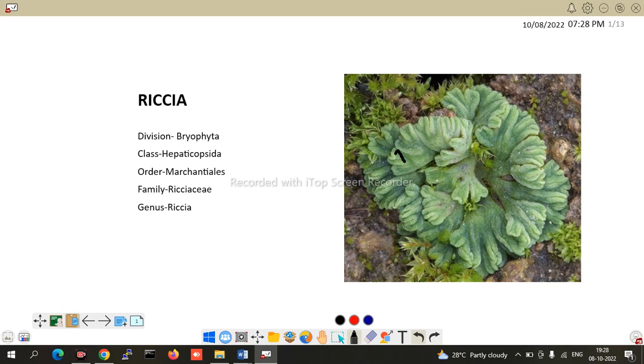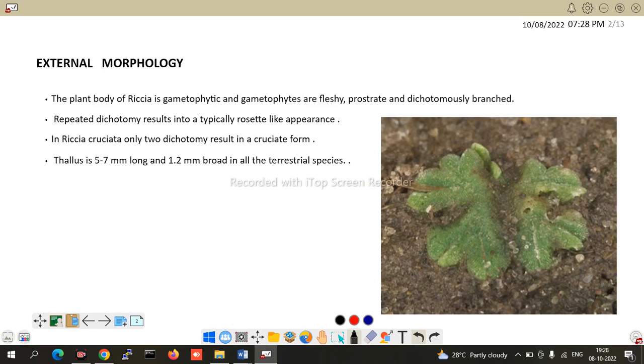Next, the external morphology. The plant body of Riccia is gametophytic, as I said. The dominant phase is gametophytic and the thallus is fleshy, with dichotomous branching, and it shows a rosette-like appearance.